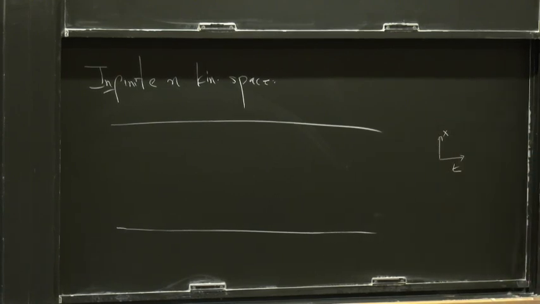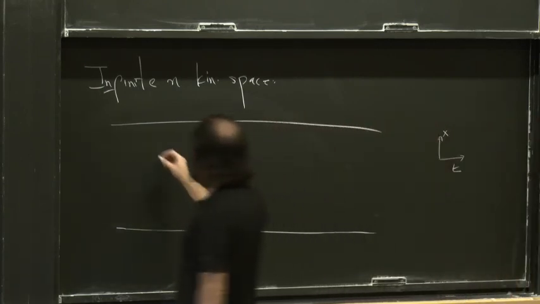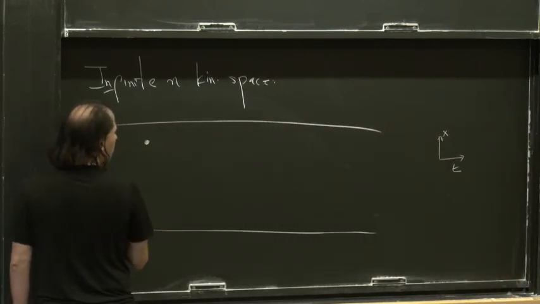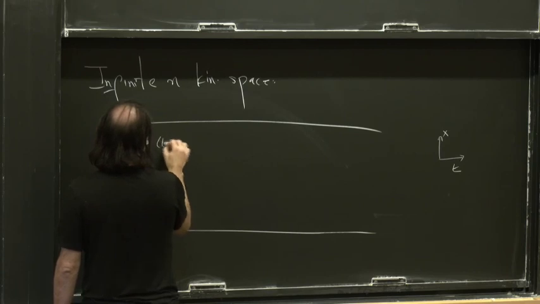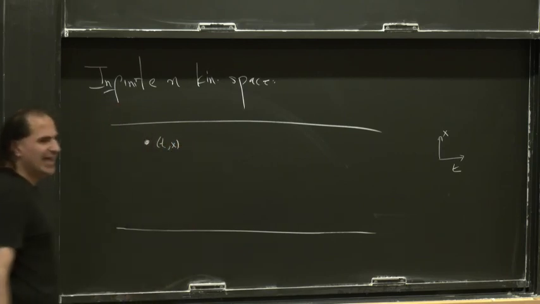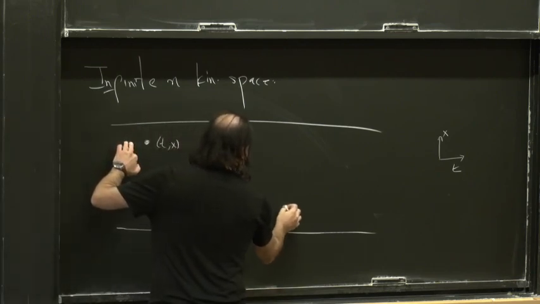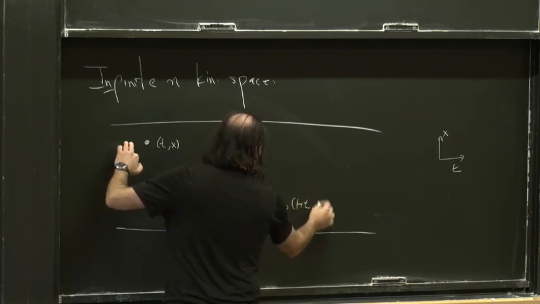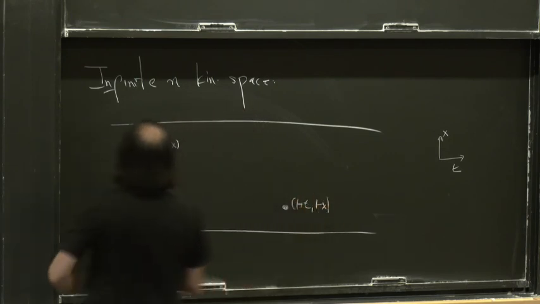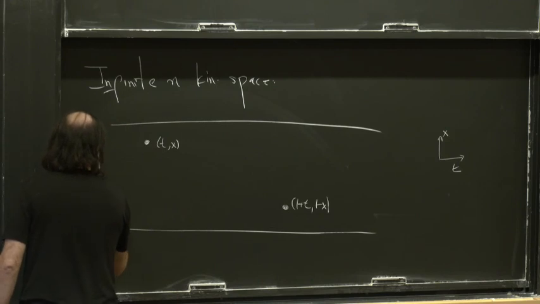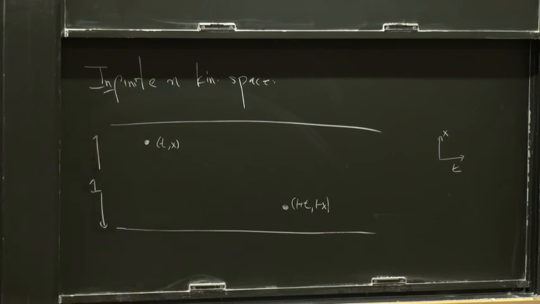All I want you to see is this: if this point t comma x is labeling ij, where is the ji point? Ji is 1 plus t and 1 minus x, if I define the strip to have width 1.